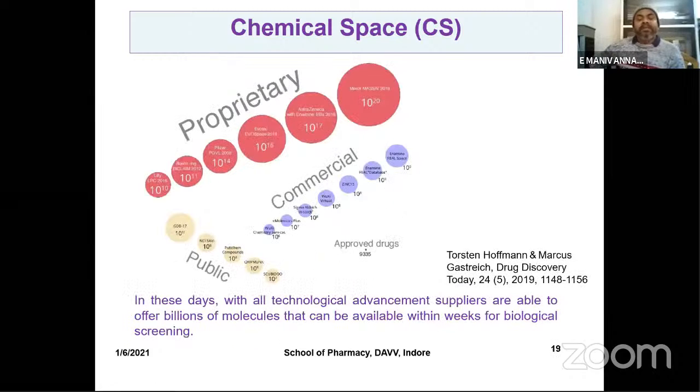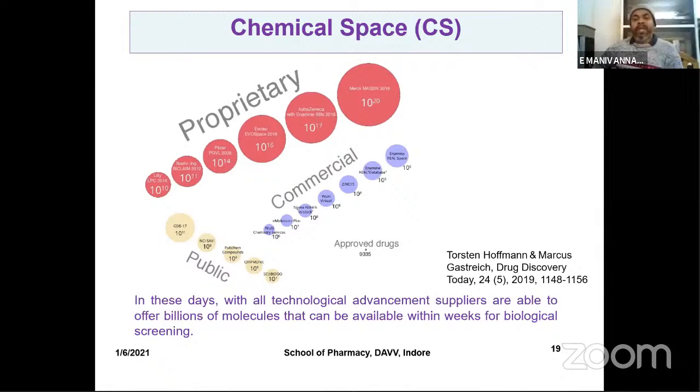The chemical space includes public chemical libraries, commercial chemical libraries, approved drugs, and also proprietary drugs. These days, with all this technological advancement, the suppliers of chemical libraries can offer billions of molecules that can be readily available within a week for biological screening against any target.